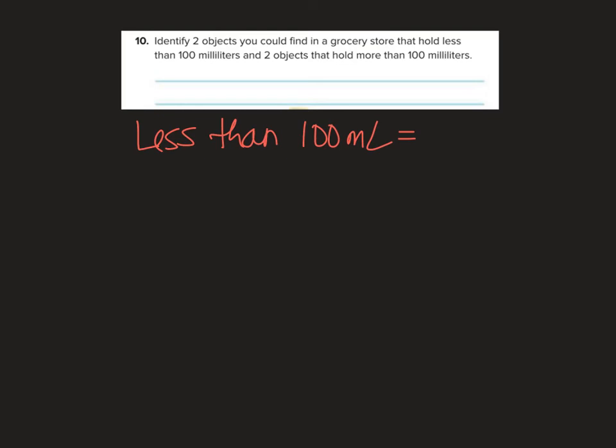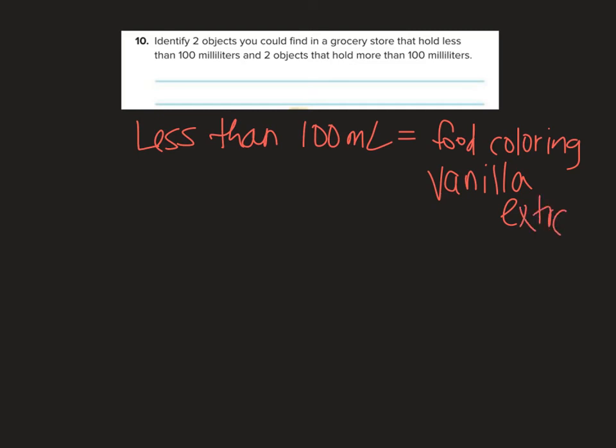How about food coloring? Those little things that have food coloring. Another one that I could say would be vanilla extract. Those are usually pretty small. So that's kind of hard to think of, you guys.